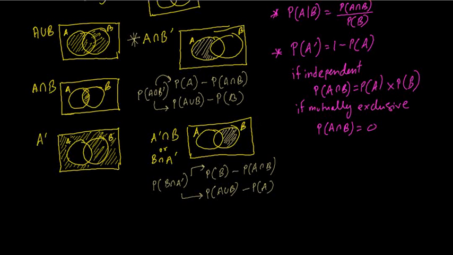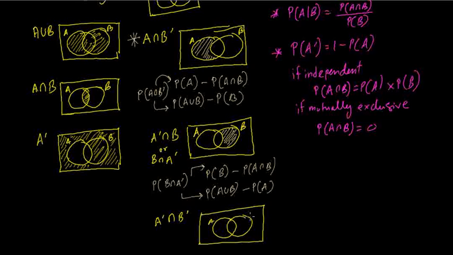One final thing left now, and this is A prime intersection B prime. Here it means remove A and remove B. So A prime intersection B prime means remove A and remove B. So that is going to be this one.